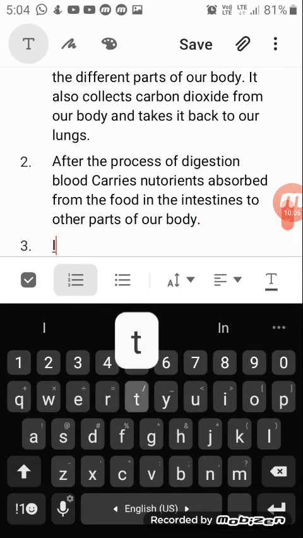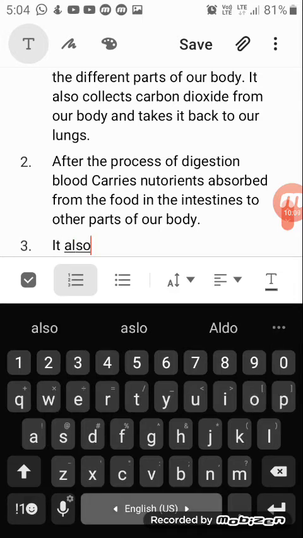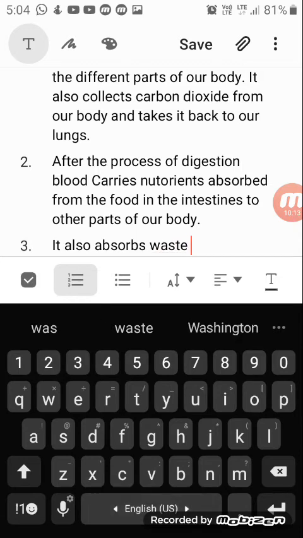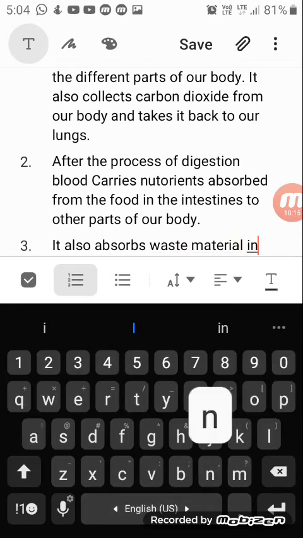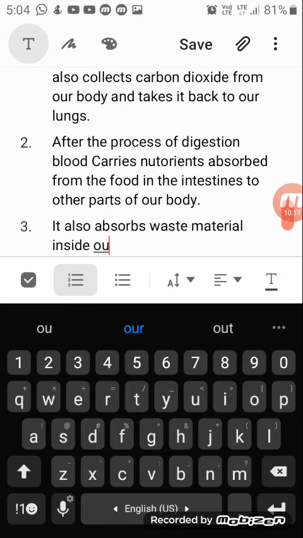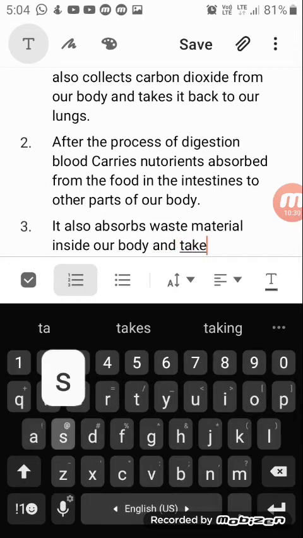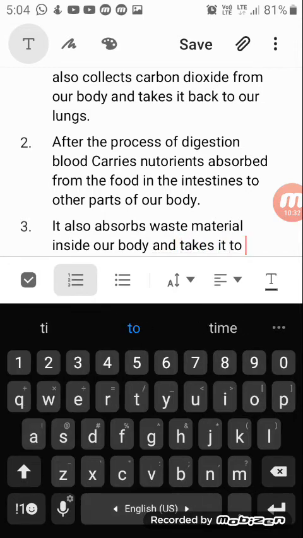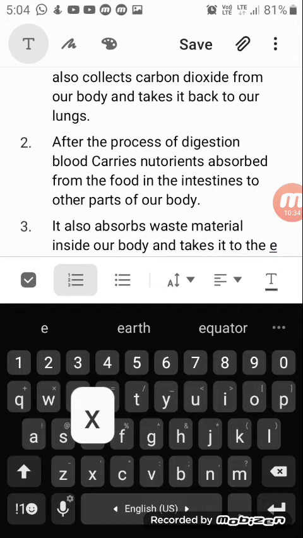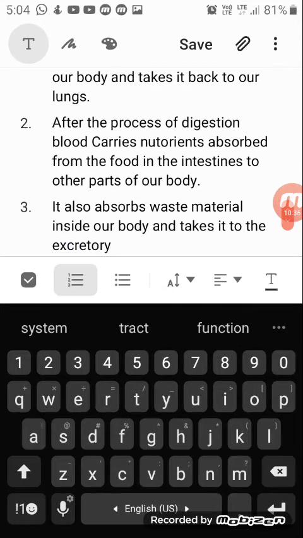Number 3, it also absorbs waste materials inside our body and takes it to the excretory system.